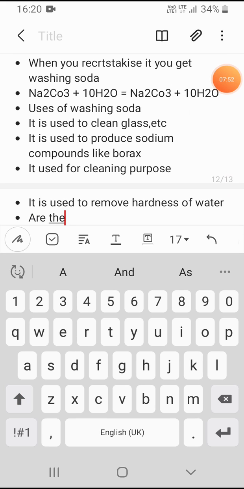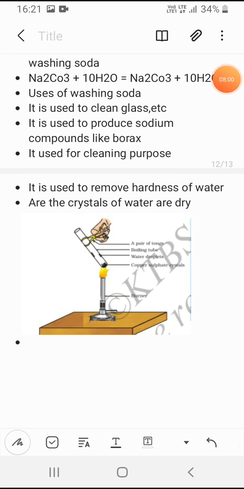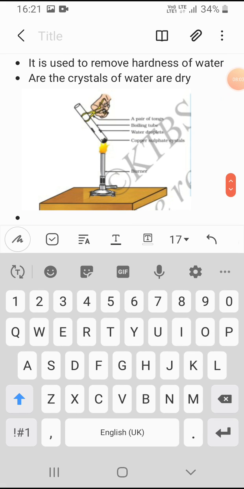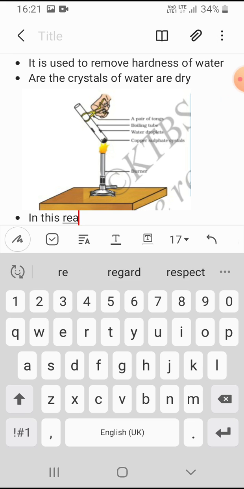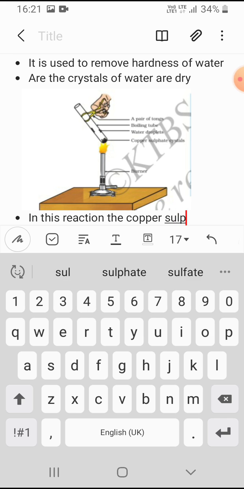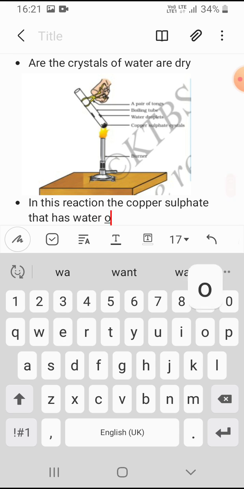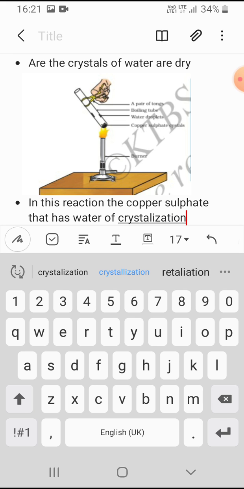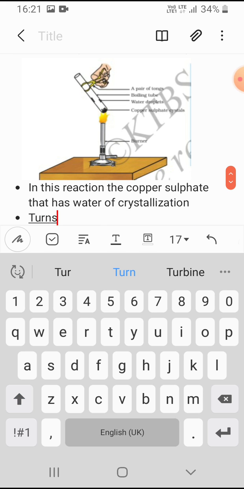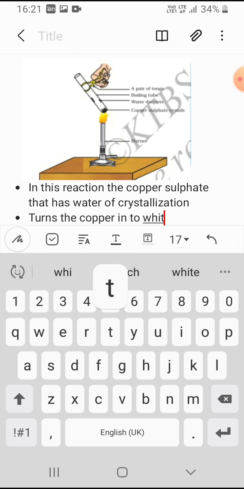Are the crystals of water all dry? In this reaction, you can see the copper sulfate that has water of crystallization turns white when heated.